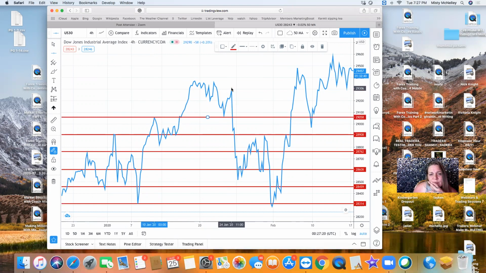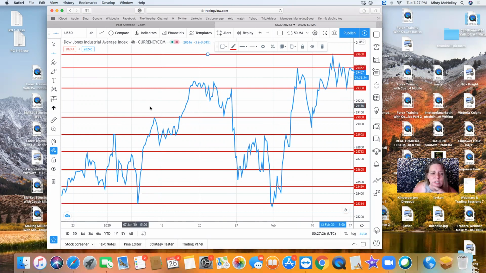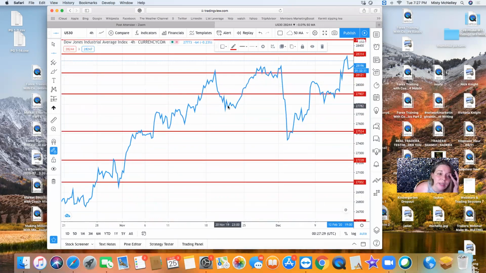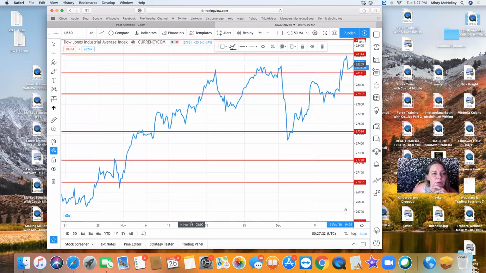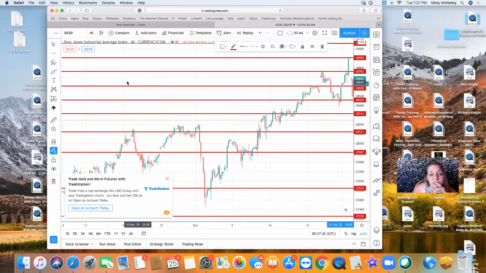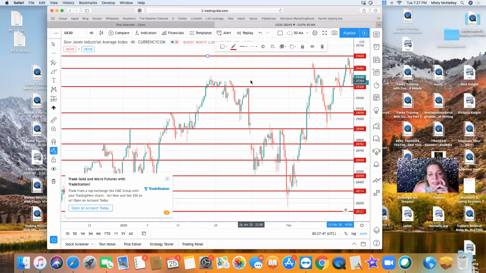Okay, and then let me show you the magic about when you do draw up something with line charts. Now see, you go back and you're hitting all these levels. But then you could come up here back to where you've got line and switch it to candles. And look at that, guys.